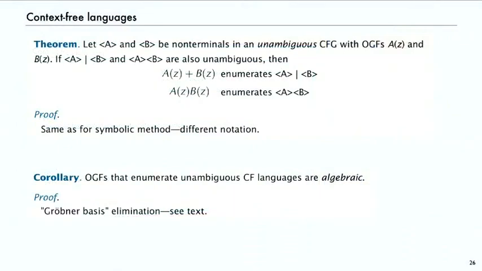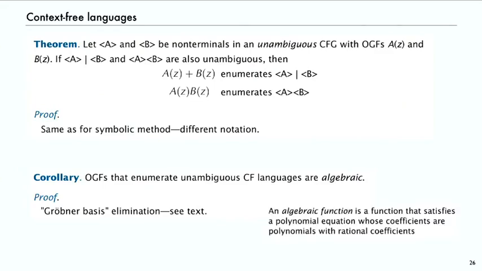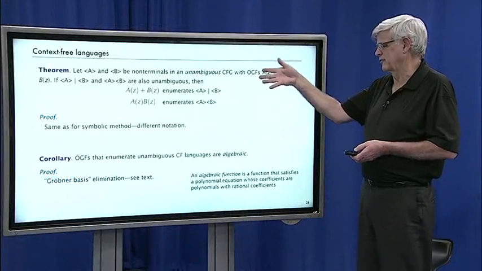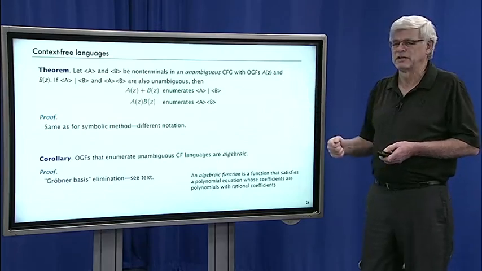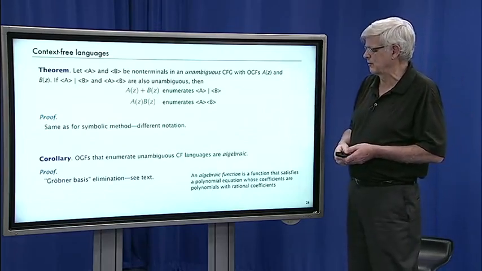Now, it's a more complicated situation because we have multiple equations, and there's a discussion in the text about the idea that OGFs that enumerate context-free grammars are algebraic. So an algebraic function is a function that satisfies a polynomial equation whose coefficients are polynomials with rational coefficients. And again, that's just a natural follow-on from the basic rules that we're using to develop these generating functions.